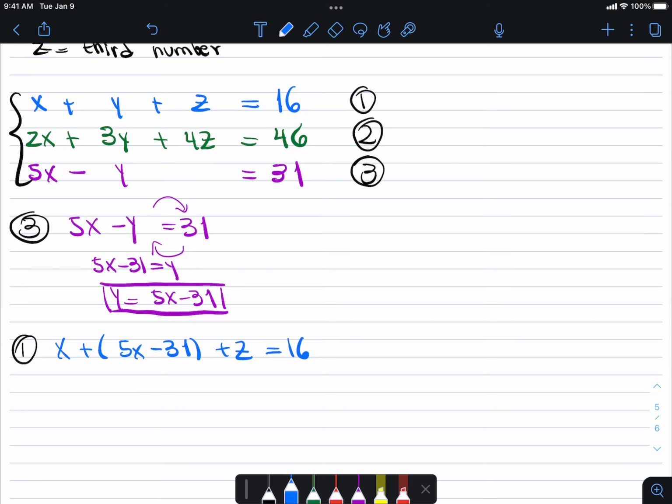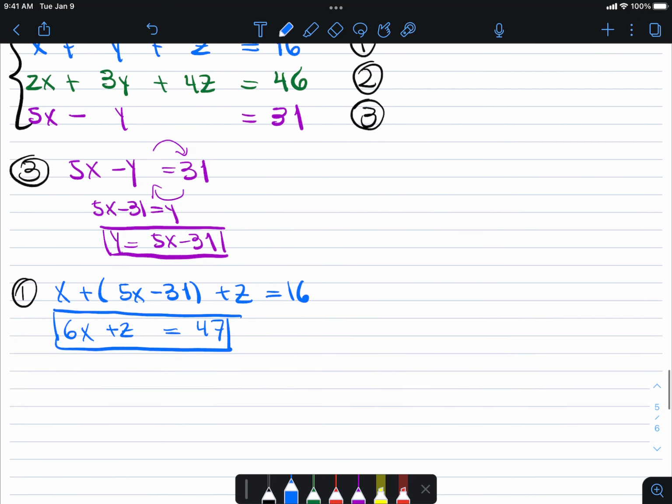That turns into 6x. This 31 I'll move over. I'll keep the z right here. And 16 plus 31 is 47. So that's an equation that only involves x and z.